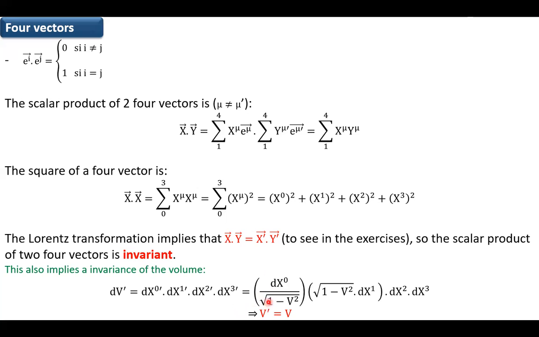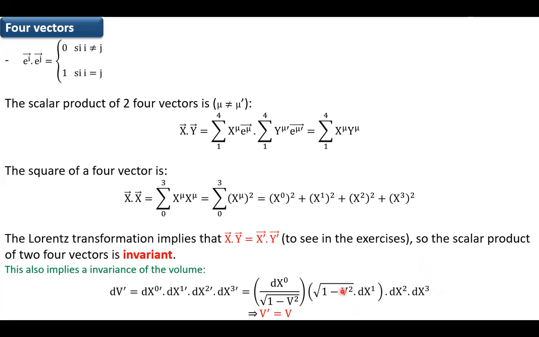So if you replace in the frame R, you know that for the time coordinate you have a dilation, so you multiply by gamma, which is 1 over the radical of 1 minus v squared. So dx0 prime is dx0 over the radical. For dx1 prime, here you have a contraction of length. So you multiply by 1 over gamma, which is the radical of 1 minus v squared. dx1 times dx2, dx3, because you have no motion along y and z.